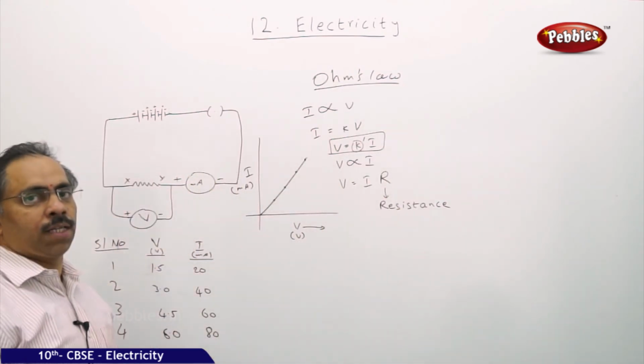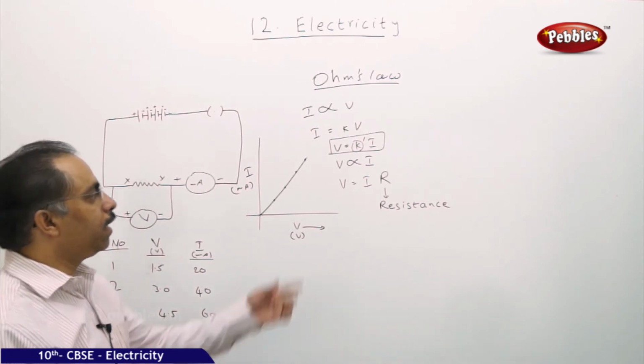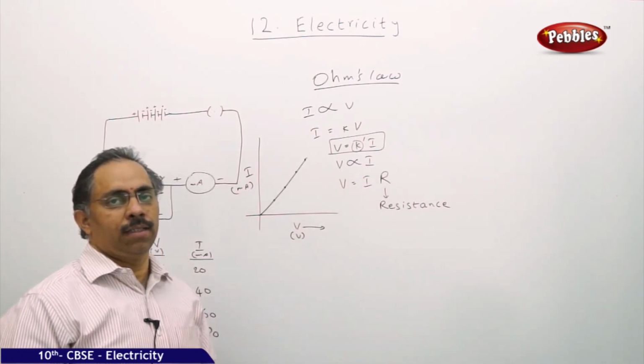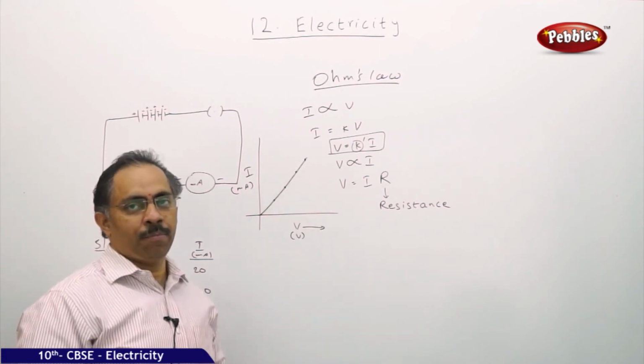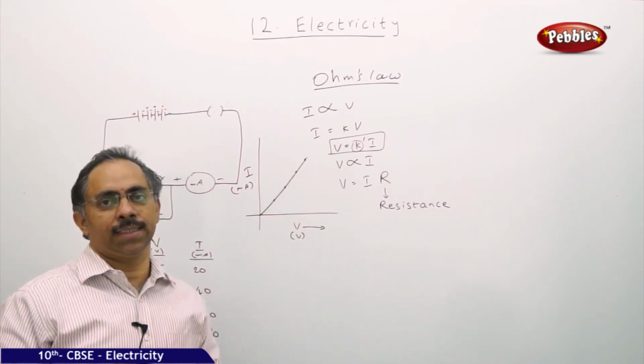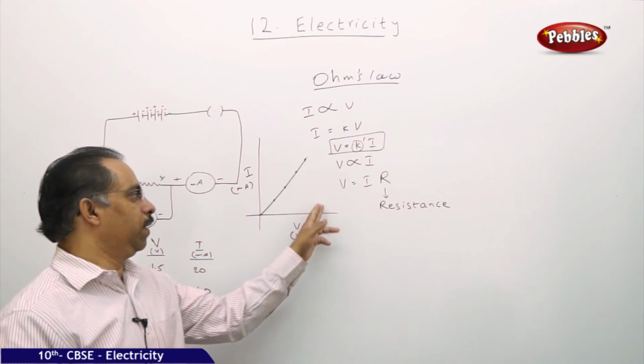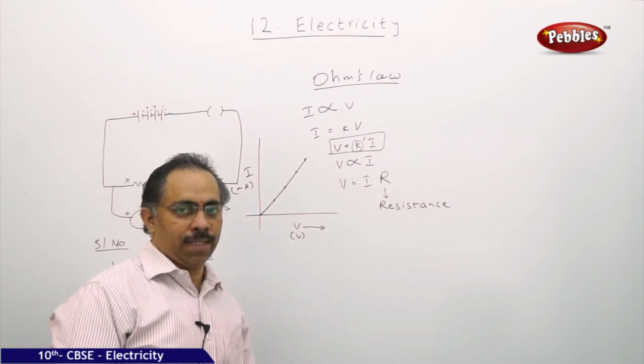So according to Ohm's law, the electric current through a conductor is dependent on the potential difference across its ends. When I say V is equal to IR, R is the resistance.